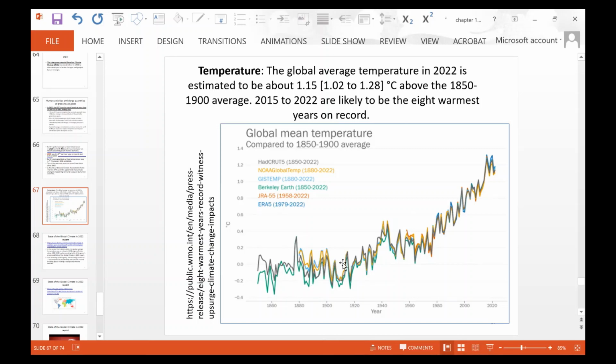And we can see a distinct rise in temperatures where you have a steeper slope of the graph, where it increases steeper. And we see 2015 to 2022 are likely to be the 8 warmest years on record. And again, starting around here, this is where we really see this steady increase.